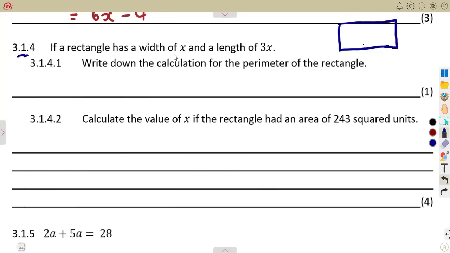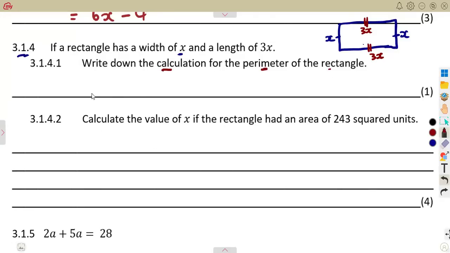First, we've got the width, which is x, the shorter side. This is the width. And the opposite sides of a rectangle, we do understand they are equal. The length is 3x. So this is 3x, and this is also 3x. And they are saying, write down the calculation for the perimeter of the rectangle.